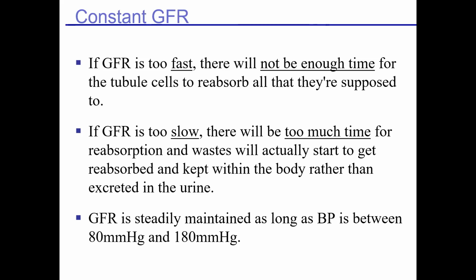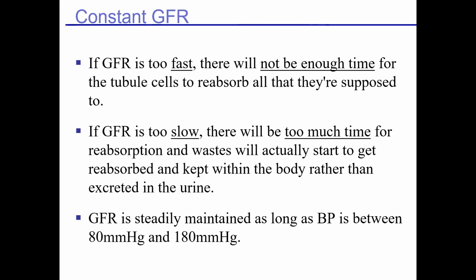The only way we don't get it all back is if there's a tremendous amount of glucose in the plasma. We're not going to recover it because it's going to stay there and you're going to see sugar showing up in the urine. We've talked about that with diabetes.